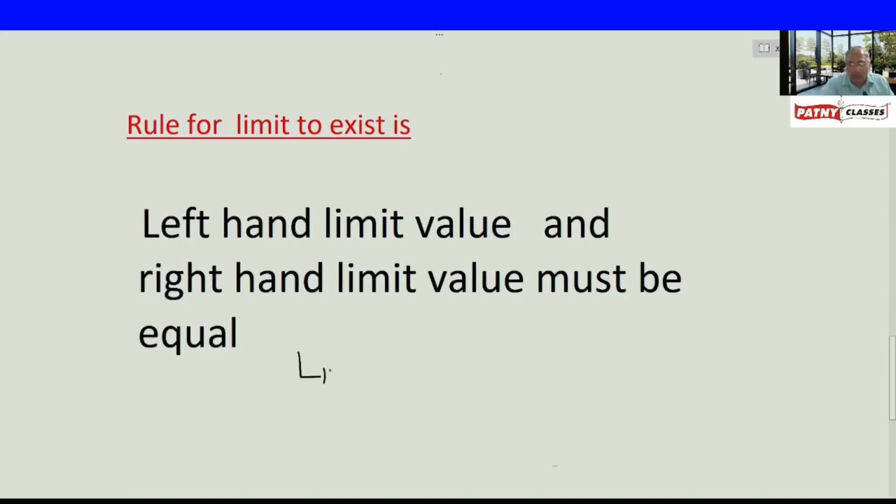That is, limit x tending to c minus f of x is equal to limit x tending to c plus f of x. If this condition is satisfied, then only the limit of the given function exists, otherwise it does not exist.